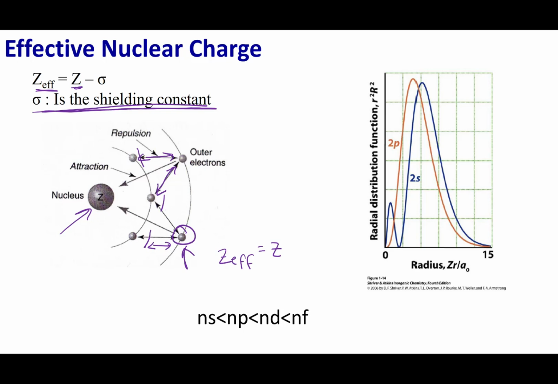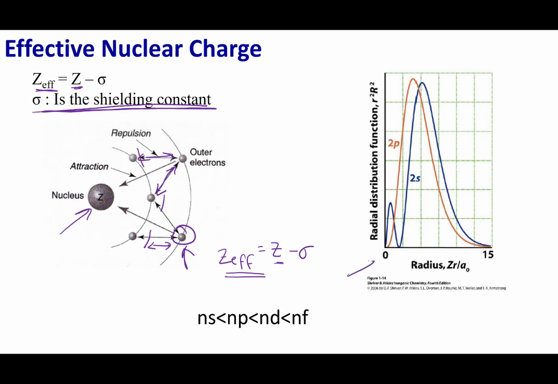And so the Z effective for an outer electron is less than the Z, or the real charge of the nucleus. The Z effective for those outer electrons is going to be Z minus the amount of shielding those inner electrons are going to cause.